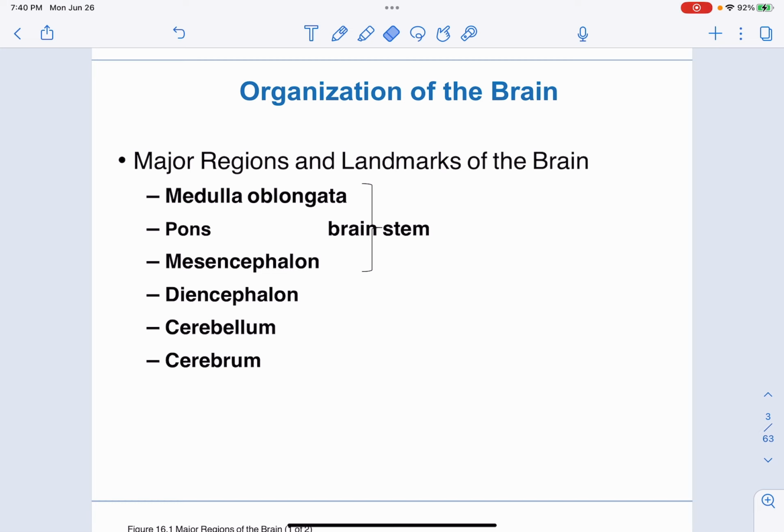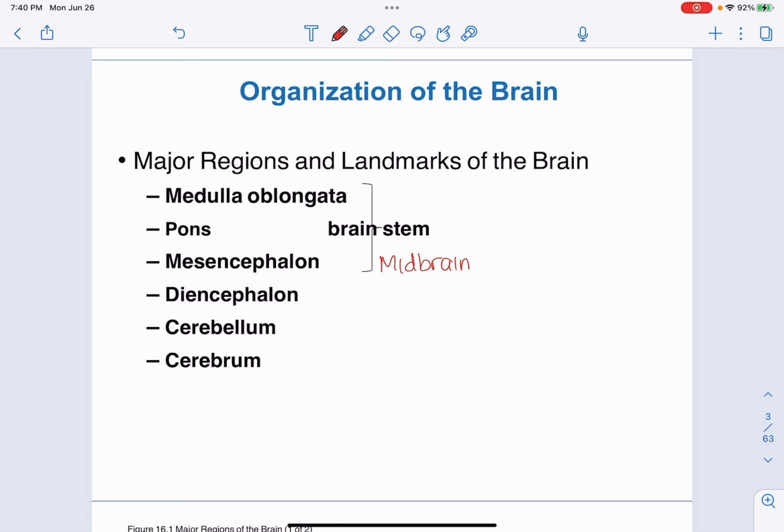That is the region of the brain that turns into the spinal cord. Also on this region, which makes up the brainstem, so the medulla oblongata, the pons, and then something called the mesencephalon, also sometimes referred to as the midbrain. Those regions make up the brainstem.